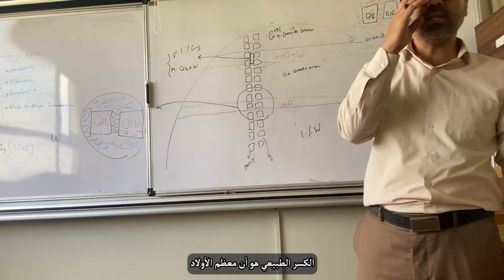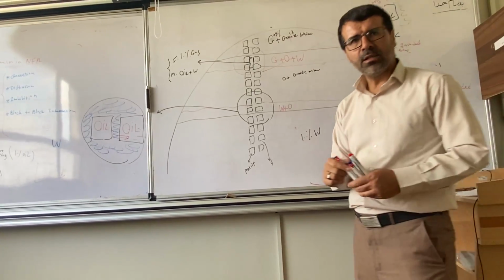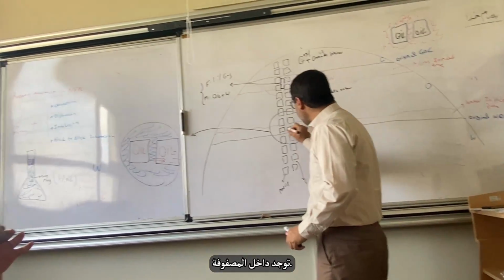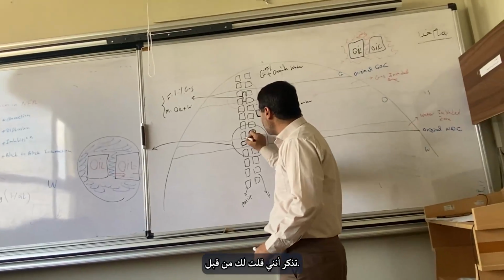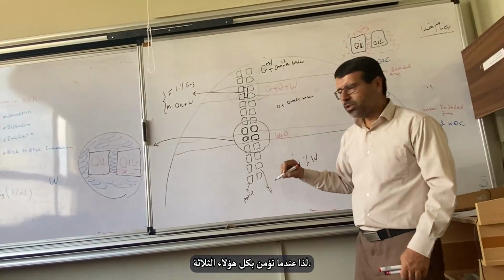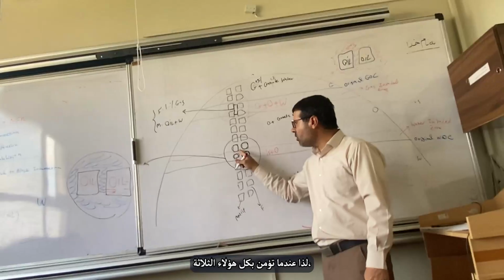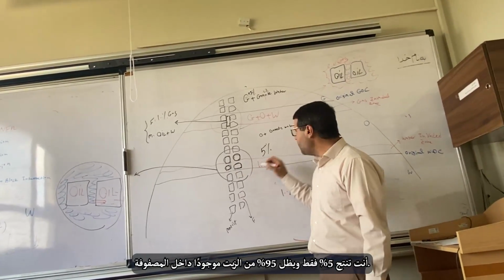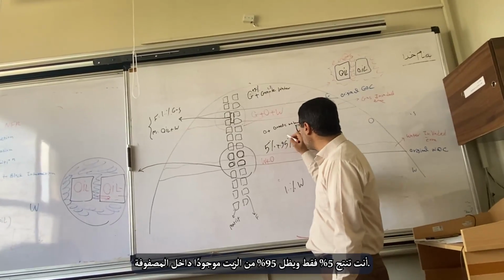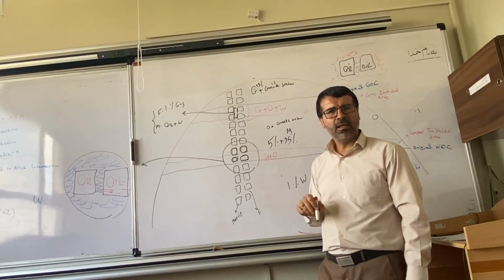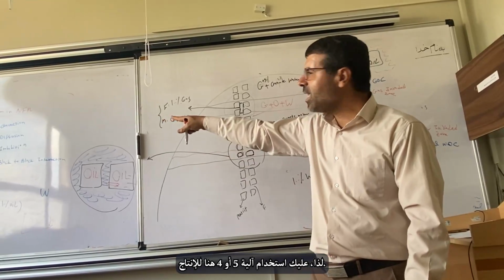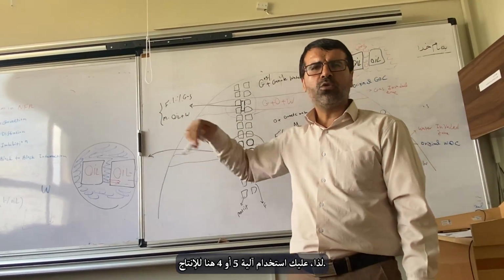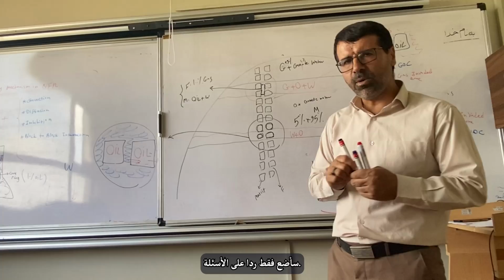In naturally fractured reservoirs, most of the oil is inside the matrix. Remember, I told you before. When you deplete or remove the oil from the fractures, you just produce 5%, and still 95% of the oil is inside the matrix. So you need to use those four or five mechanisms here to produce more oil. I will explain this part later.